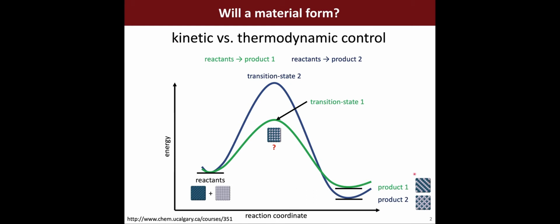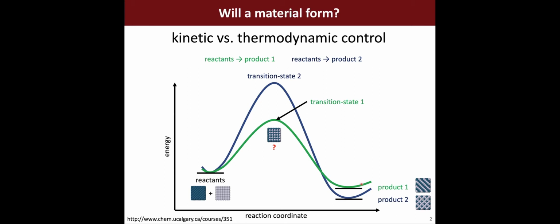Okay, so we can get various forms of the mixture here. You can see that we get one variety here, and we get another variety here. And we want to understand if we take the pure blue atoms on one side and we mix it with the pure substance of white atoms on the other side, we mix it together. Are we going to form product one or product two?